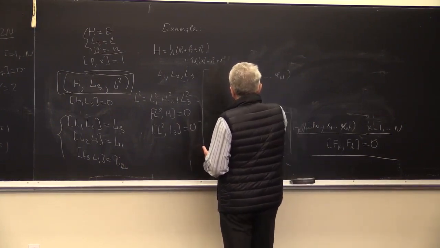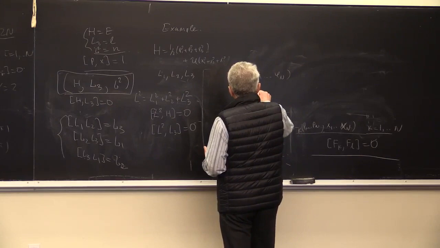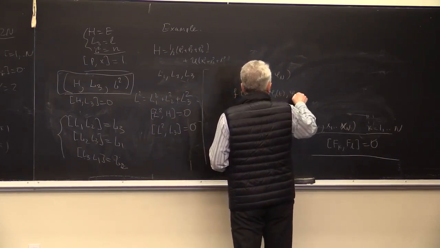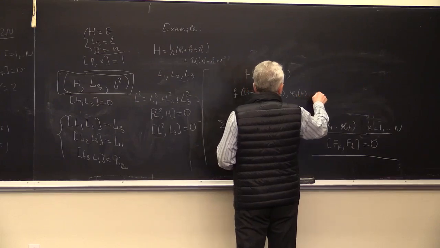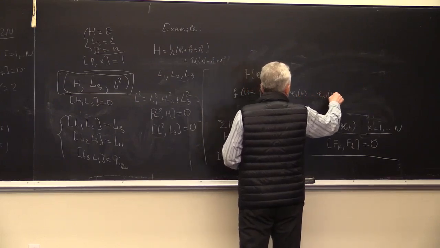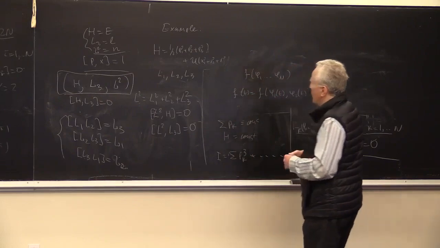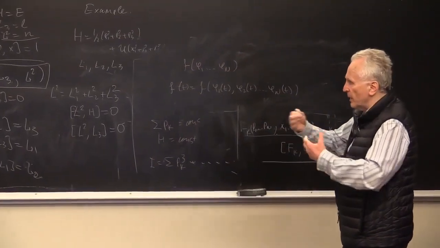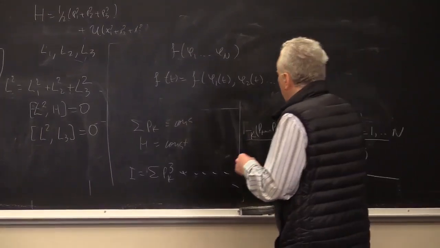So f of t is f of phi1 of t, phi2 of t, ... phi n of t. And as the system moves, it changes in quite a complicated way.